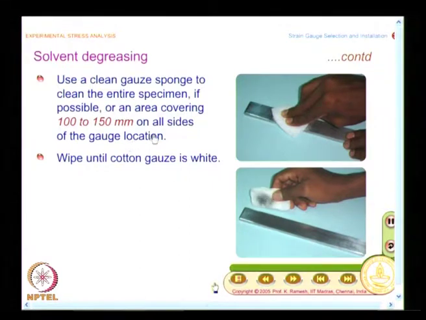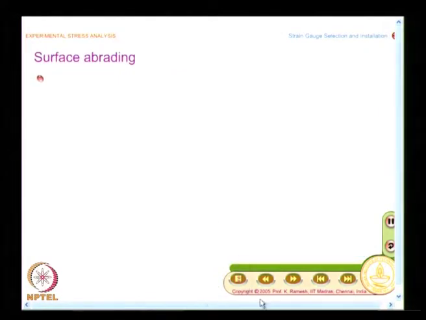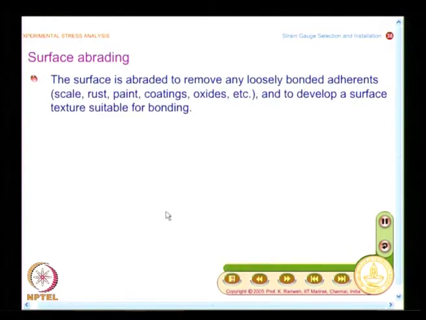So, you need to keep using new sponges until the cotton gauze is white. So, use consumables liberally.